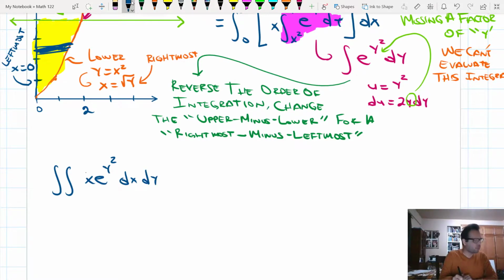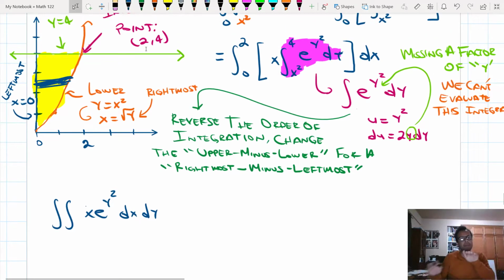The lower limit with respect to x will be the rightmost. In this case, the rightmost will be the square root of y, and the leftmost will be, I'm going to use green here to highlight this, 0. That's the square root of y.